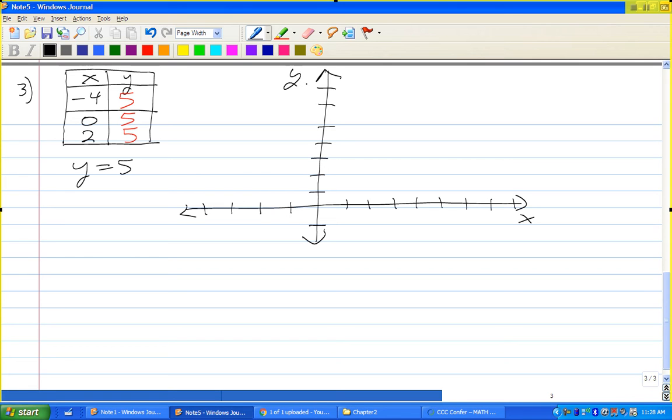At -4, y is 5. At 0, y is 5. At 2, y is 5. And so this is the graph of the line y equals 5. This is called a horizontal line.